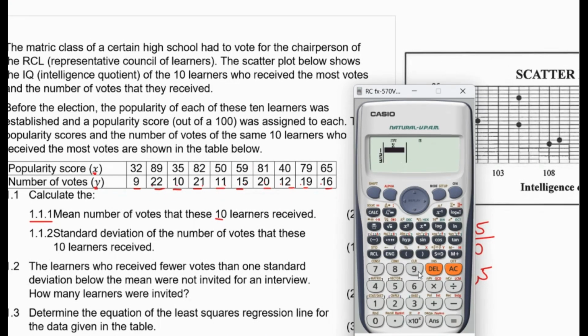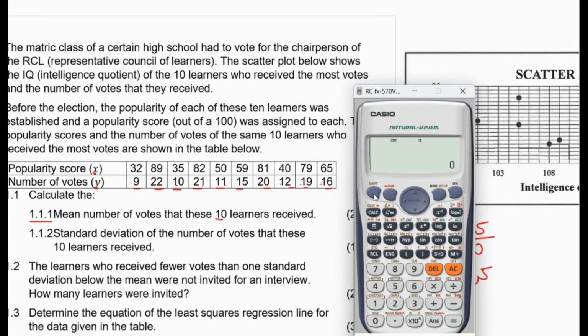Enter each data item, like 9, then press equals, 22 equals, 10 equals, 21 equals, 11 equals, 15 equals, 20 equals, 12 equals, 19 equals, 16 equals. And then you press AC.